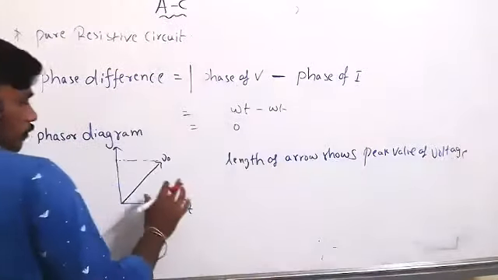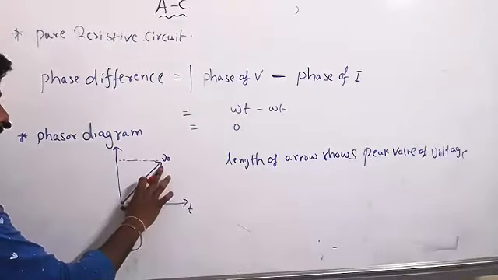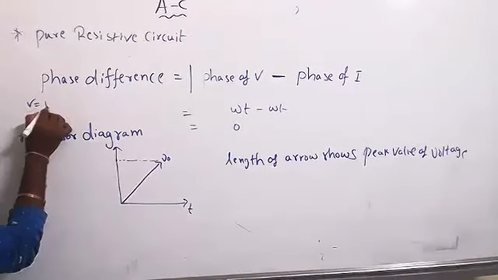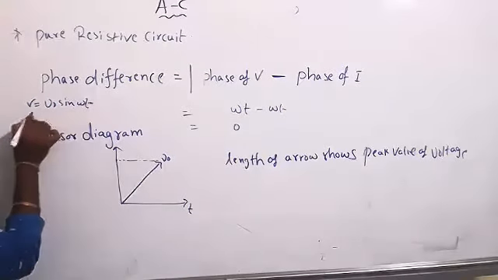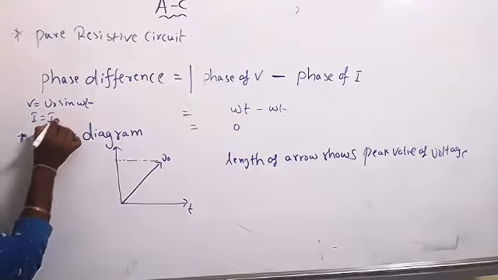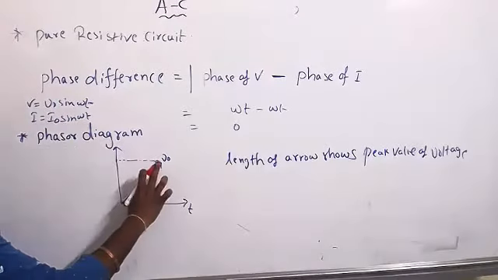Suppose that it is the peak value of voltage, because V is equal to V naught sine omega t, and I is equal to I naught sine omega t. So V naught is the peak value.